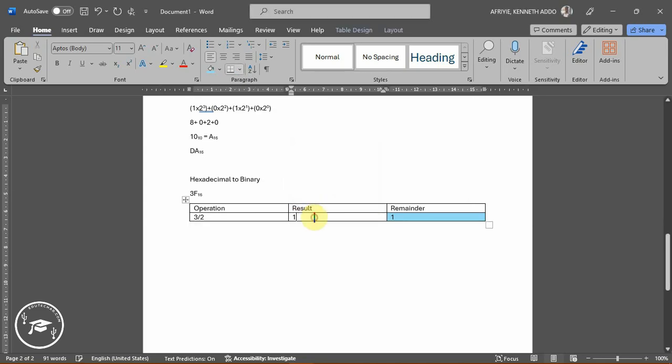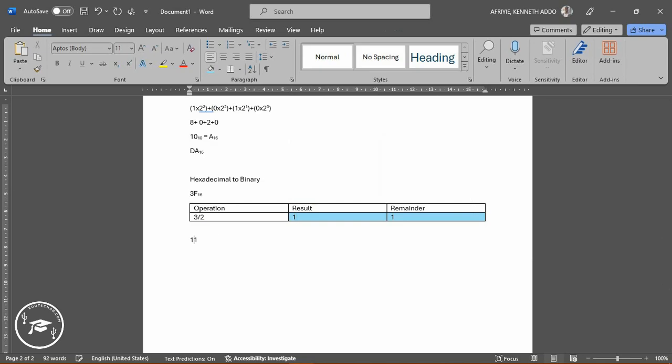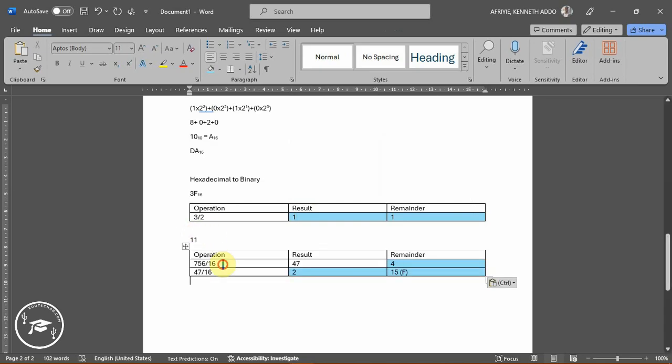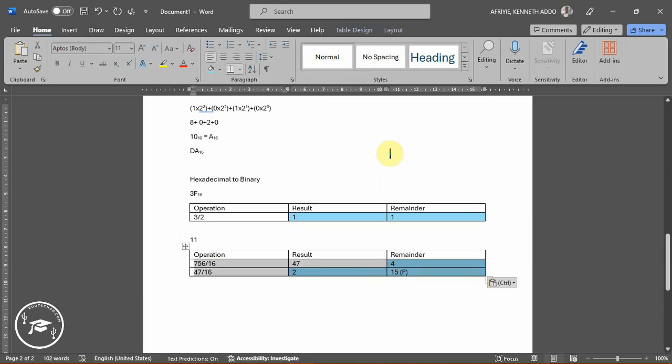We don't need it. So to demonstrate, this is the only part we need, which is the 1, 1. So here we get 1, 1. Then we do the same for the other number, which is F. And we know F is 15. So we take 15 and divide by 2. We get 7, remainder 1.